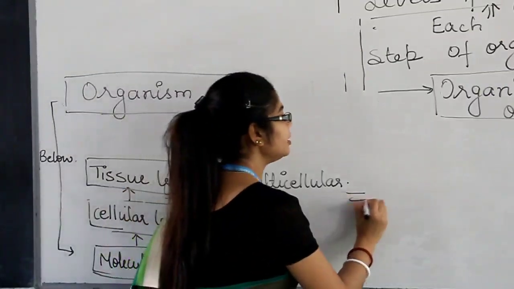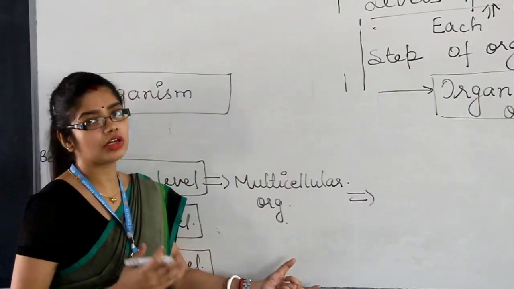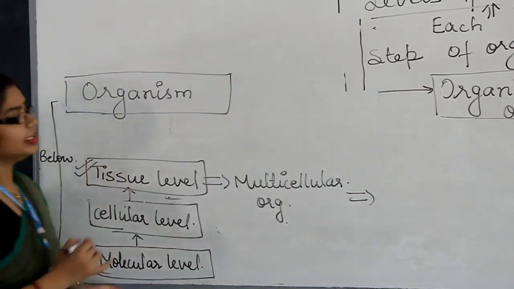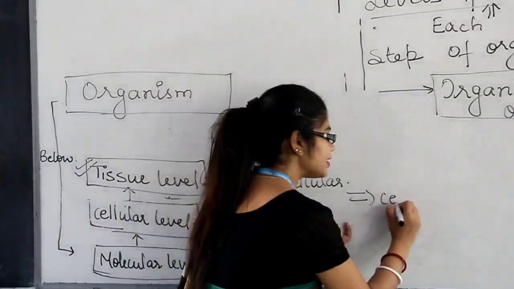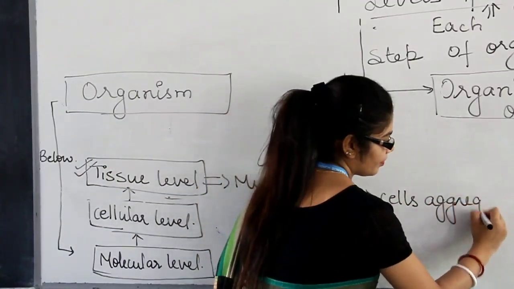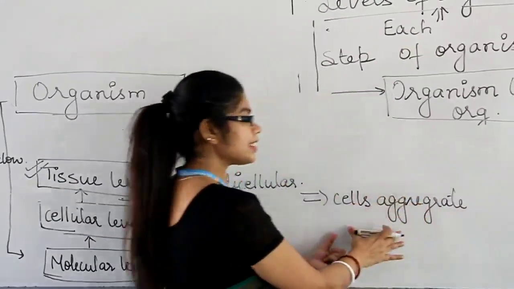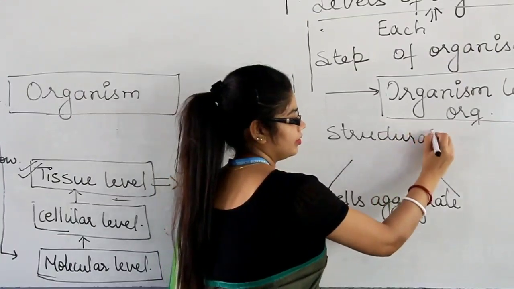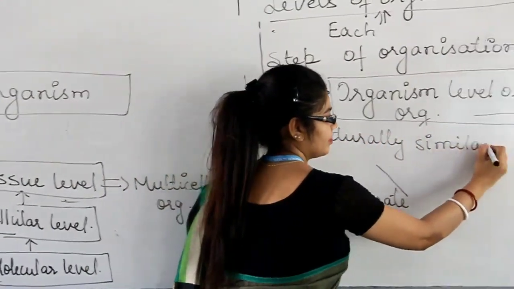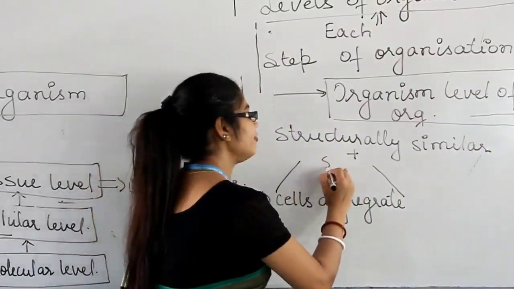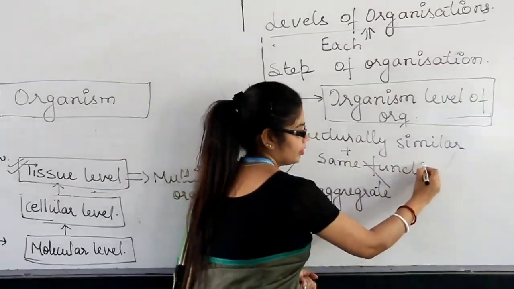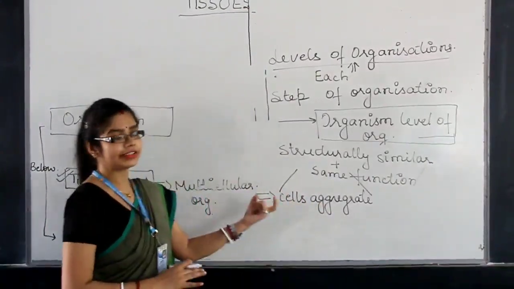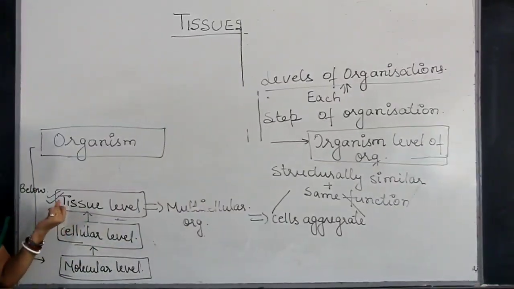Those cells which are structurally similar and also have the same function aggregate together and form the next level, called tissues. So cells aggregate only if they are structurally similar plus have the same function. If they have similar structure and perform the same function, those cells aggregate together and form tissues, and this level is called the tissue level of organization.